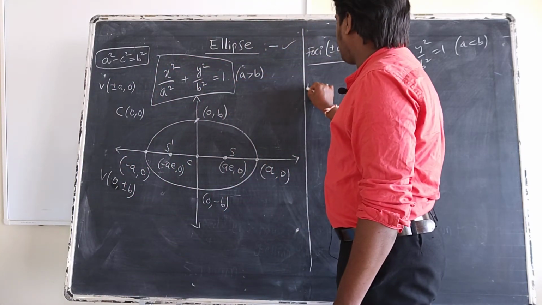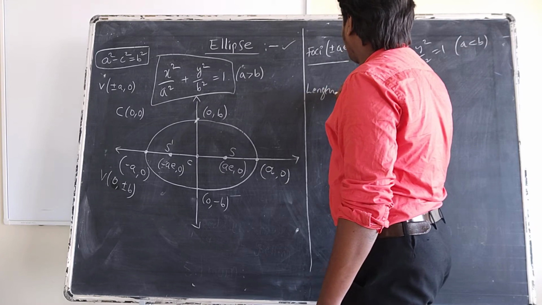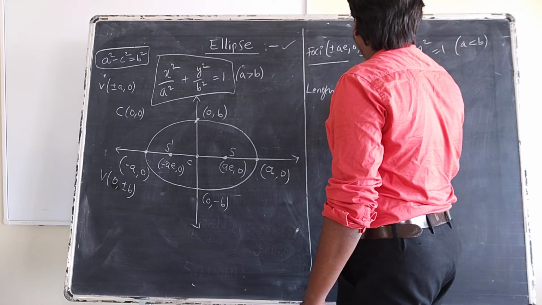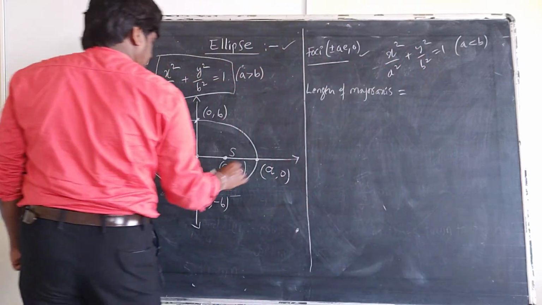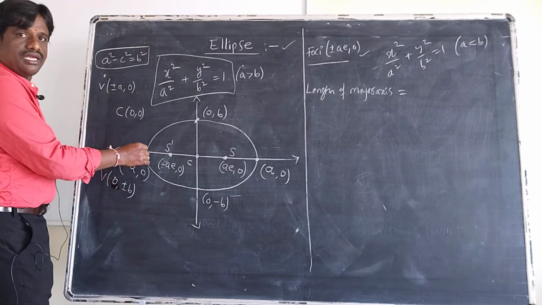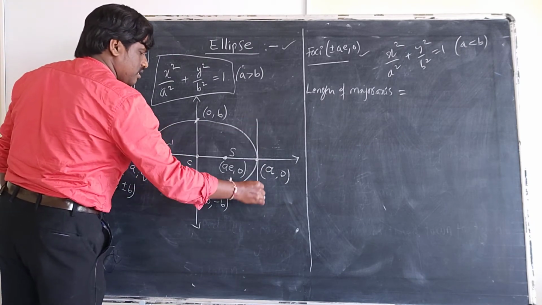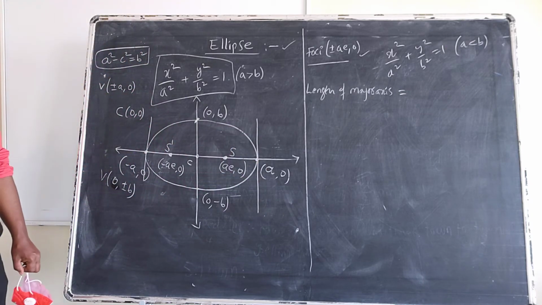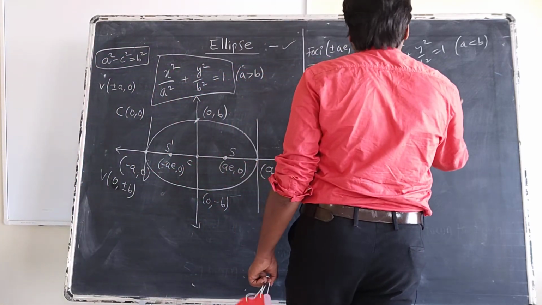What is the length of the major axis? Can anybody say? It is 2a, because from here to here the distance is a, and from here to here the distance is a. Therefore, this is the length of the major axis. So a plus a is 2a. Length of major axis is 2a.